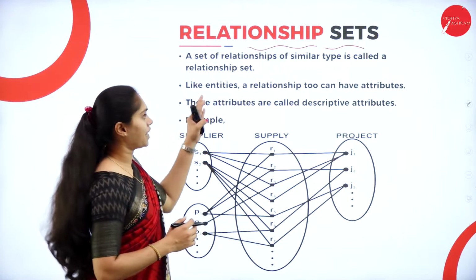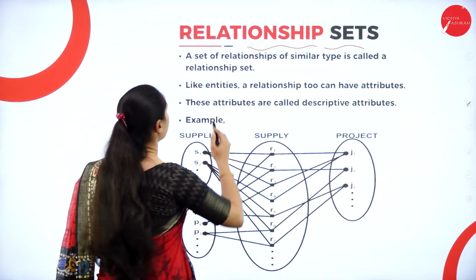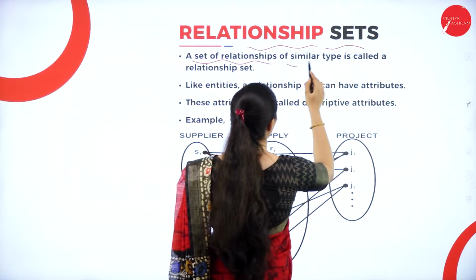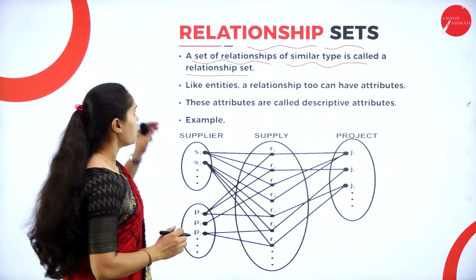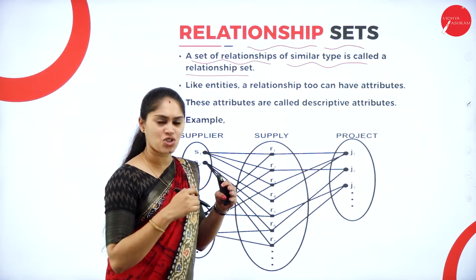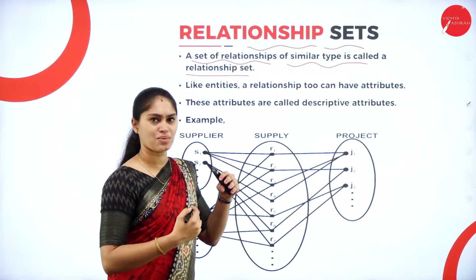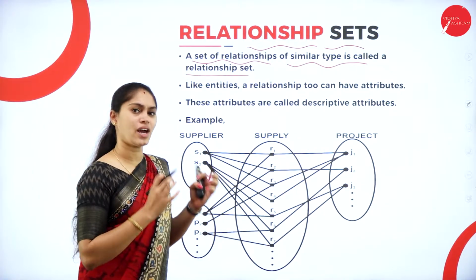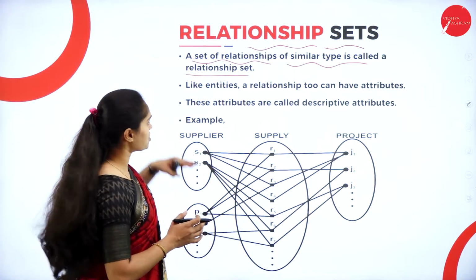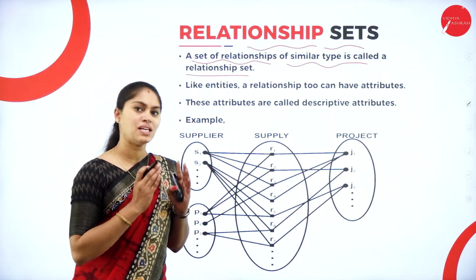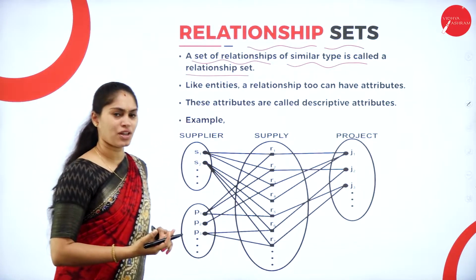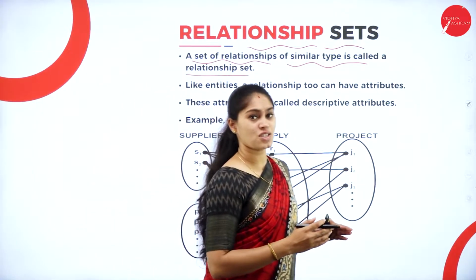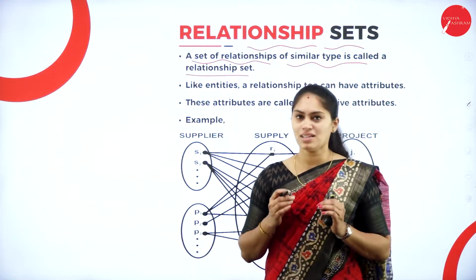When it comes to the relationship set, a set of relationships of similar type is called a relationship set. So when we have more than one relationship, and all those relationships are similar to each other, then we are going to call that collection of relationships a relationship set. Okay. And also, as we all know, every entity has its own attributes or properties or behavior.